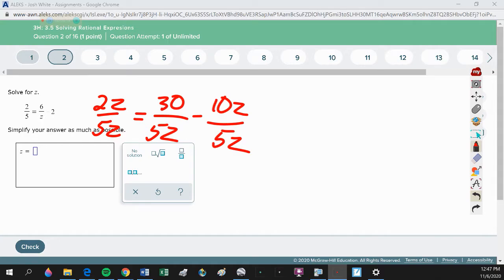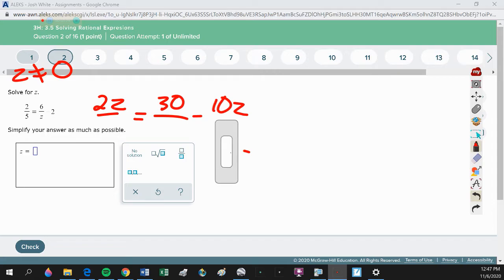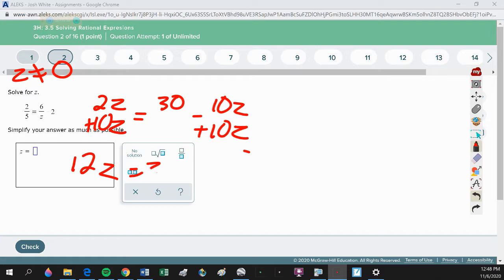And then Z is not allowed to be 0. Once I have that, I can get rid of the denominators, and then I just solve. So add 10Z. 12Z equals 30. Divide by 30, and I get 4/5.